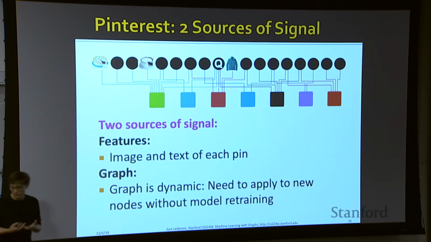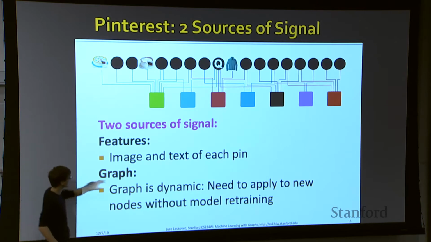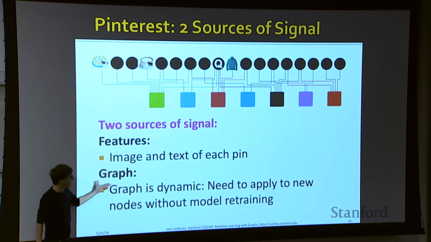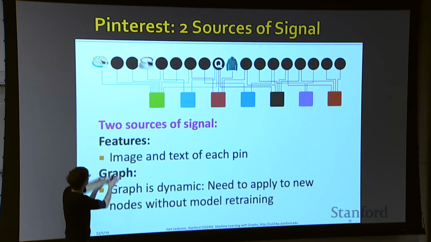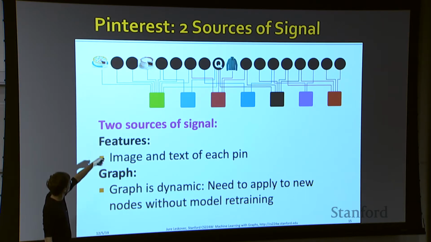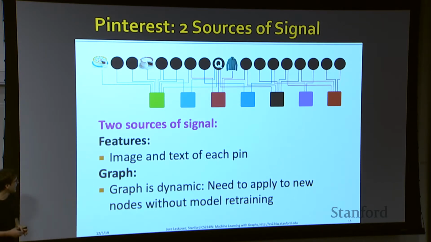If we think about what kinds of signal we want to use for our recommender system, as I said before, we have the feature information. Every pin has an image and text, and we also have graph information that puts pins into the same board. We have the boards here, the pins above, and the edges denote membership.